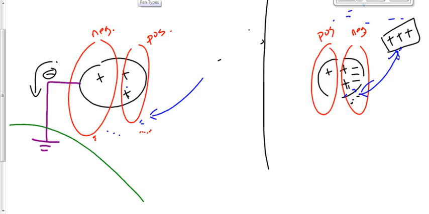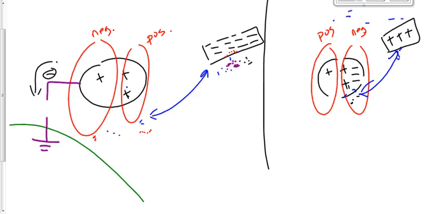Because these electrons are just going to go right back. So what do you got to do before you take this away? Yeah, you got to cut the ground wire, unplug it. So that way the electrons, they may want to go back, but they can't because there's no path for them to go back, right? That's a ground wire, and that's how we permanently charge this positive by induction.